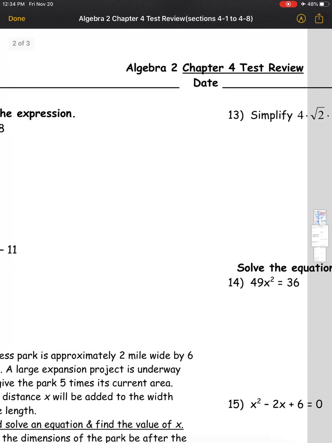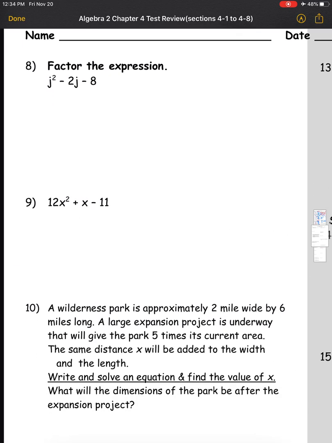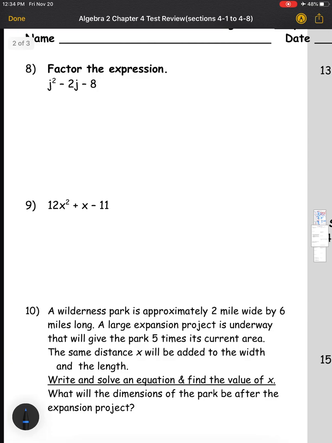Okay, over here with 8 and 9, you will need the x method. Number 8, remember, you take 1 times negative 8, and that'll go up top. But in number 9, your a is not 1 anymore, it's 12. So 12 times negative 11, that is negative 132.